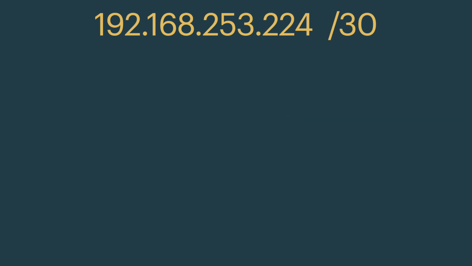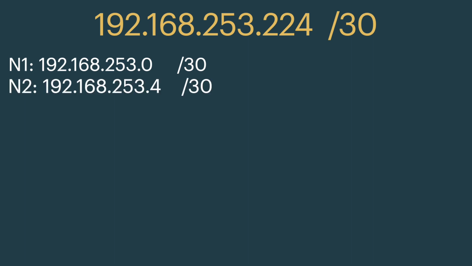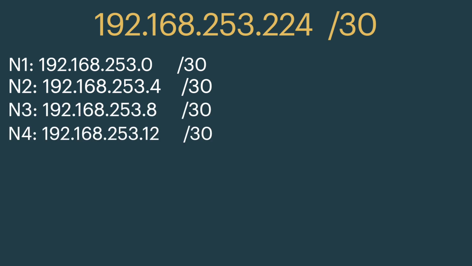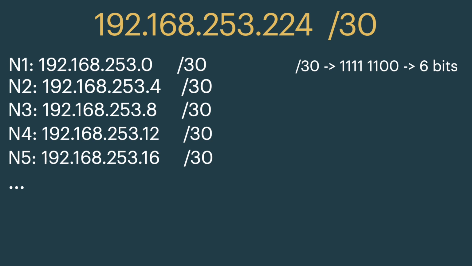Now I will show you the theory behind it. So we have the base .0, and of course we now know that it is +4. So 4, 8, 12, 16, and so on. The theory behind it is /30 has 6 bits of the network.